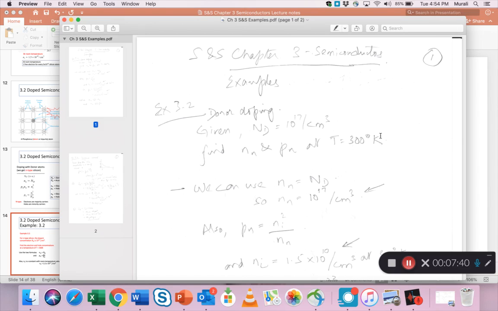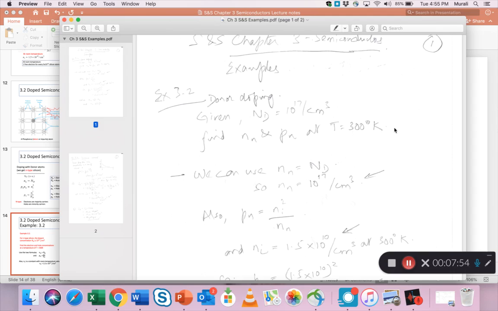So we've been given, and this is example 3.2 from the text, the donor doping is Nd equals 10 to the power 17. That's the density. Now we have to find, after the doping, both the electron density and the hole density. Remember, the whole silicon bar has become n-type now, but we just have to find the densities.